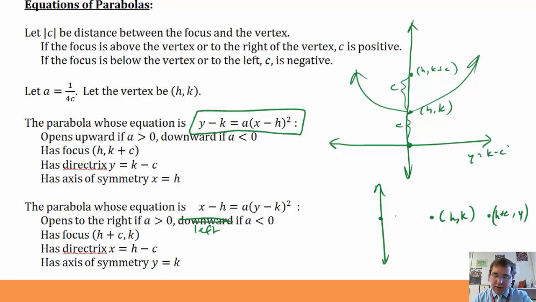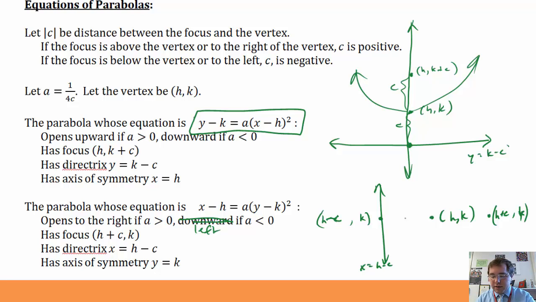And the directrix then will have the same y-coordinate, k, and this point here would have the x-coordinate of h minus c. So the directrix is the vertical line, x equals h minus c.